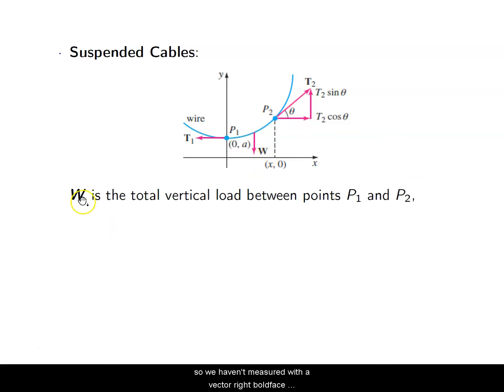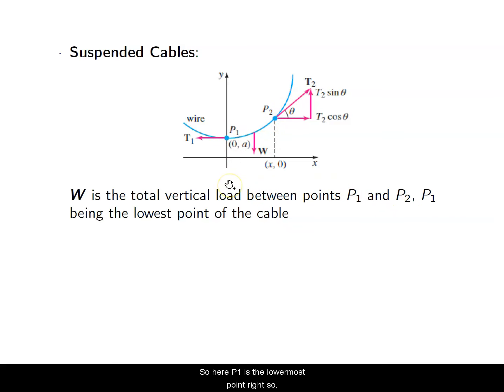So we have it measured with a vector, right? Boldface here is for vectors, so W is a vector. T1 and T2 are also vectors. So this weight has a downward vector representing that force due to its weight pulling down. So W is the total vertical load, or you would just say the downward force due to its weight, and that's between the points P1 and P2 here.